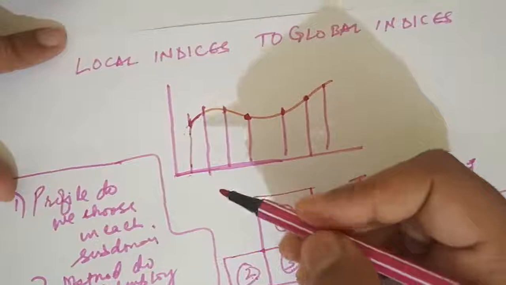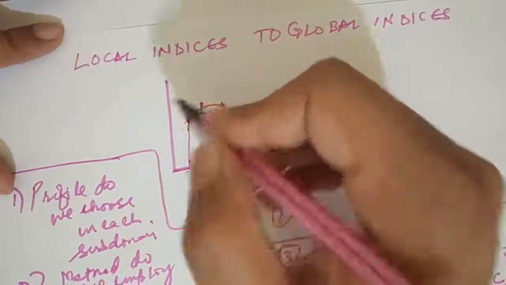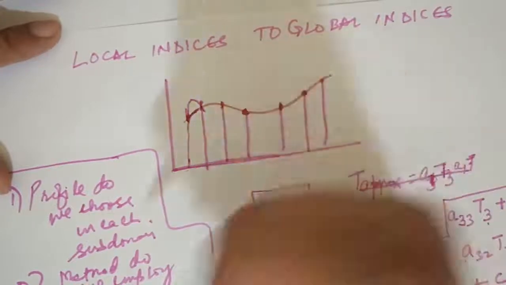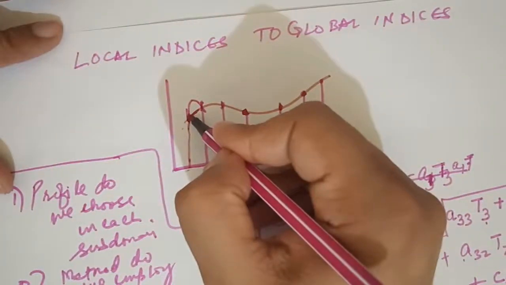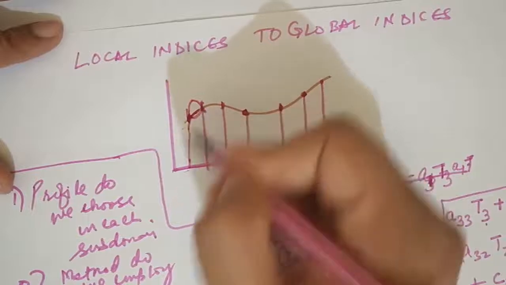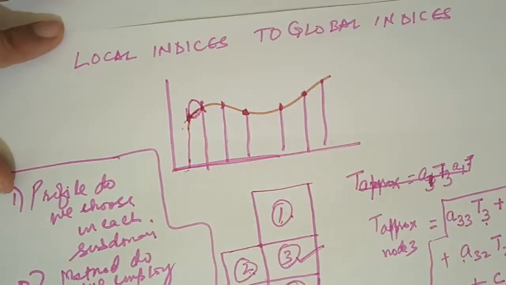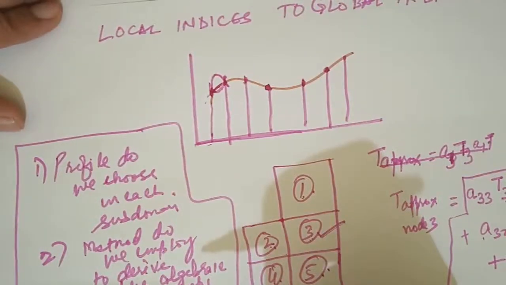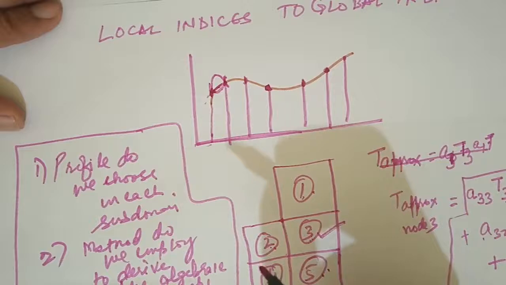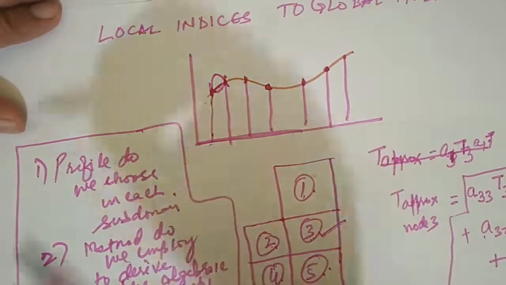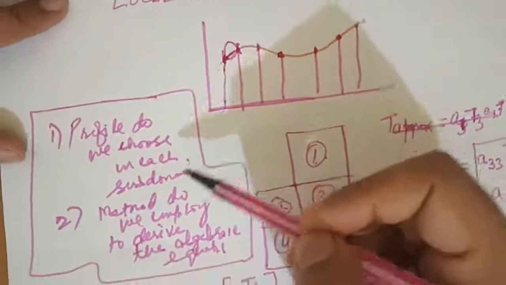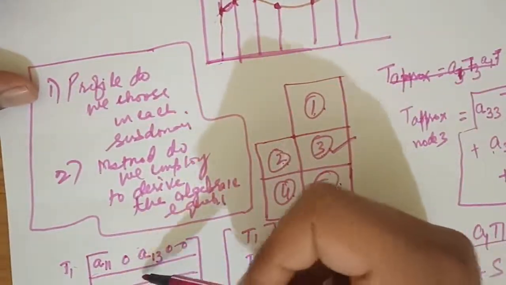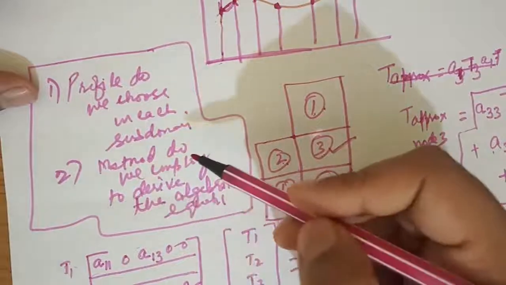For instance, if I chose, instead of this original interpolating function, something like this, this will dictate what kind of algebraic equation I get. And moreover, even if I have the same interpolating function, I can have different resulting algebraic equations depending on which methods are used to derive these discretized equations.